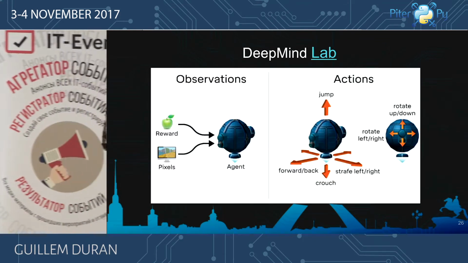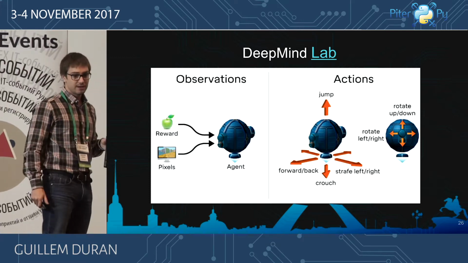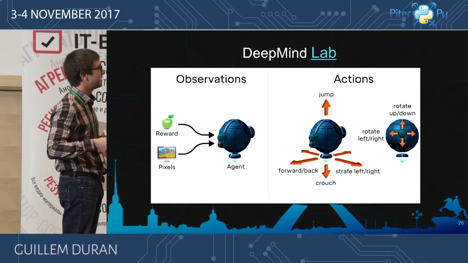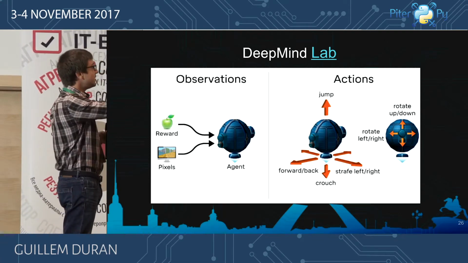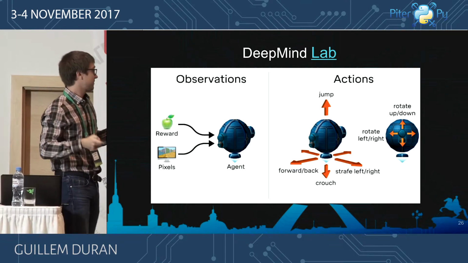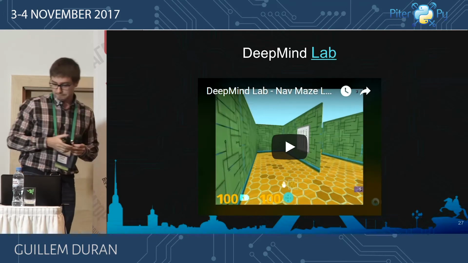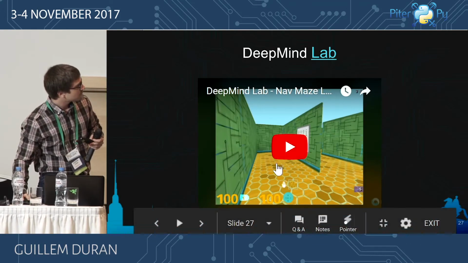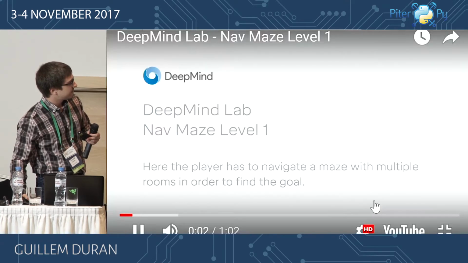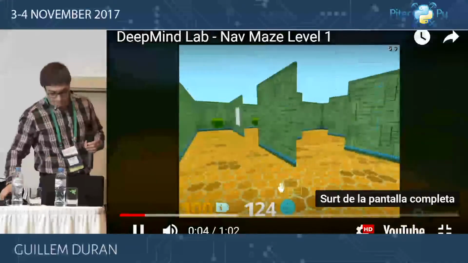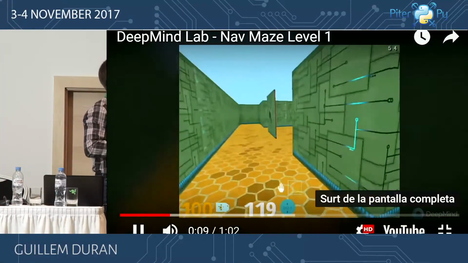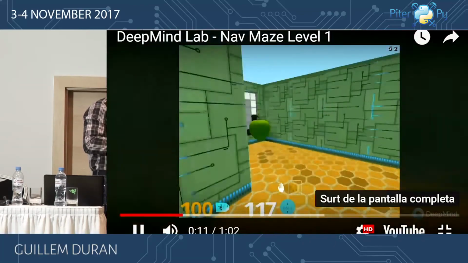If we move to the DeepMind libraries for reinforcement learning, first we should talk about Lab, which is a library where you need to teach this kind of ball to perform different tasks. For example, here you have this kind of maze, which is in 3D, and you get the pixels that you're seeing each time.